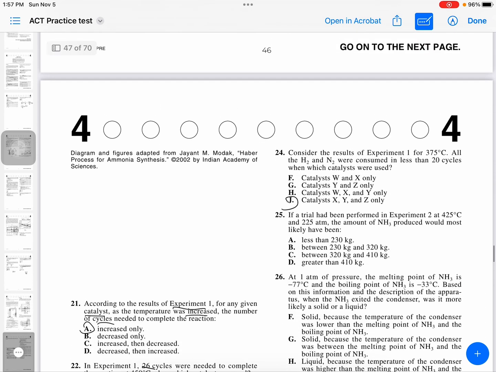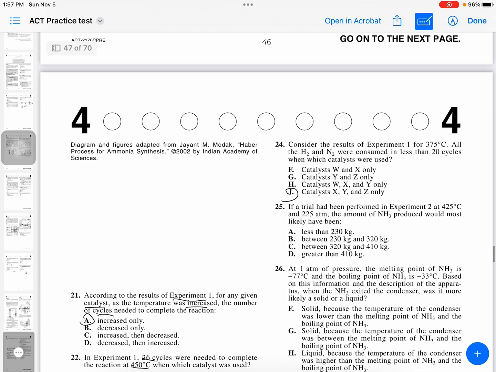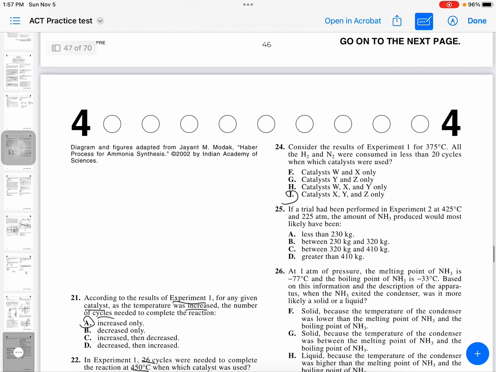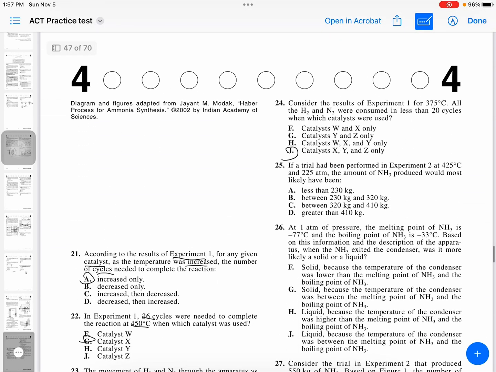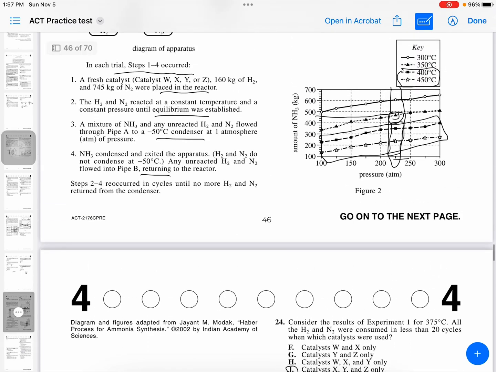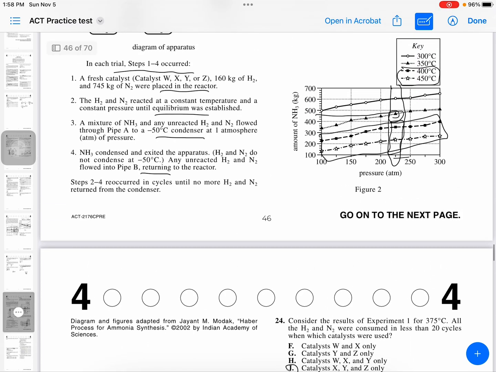Amount of NH3 at 2.25. So we're in between these two at 2.25. That gives us what? What are we asking here? I think that gives us star right there.